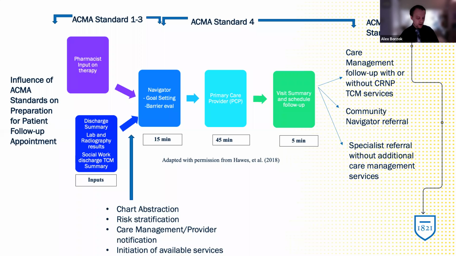Now you can communicate this to the rest of the transitions of care team, and you have 3 different options. You either have just a referral for a community navigator for just community services if that's needed. You have care management follow-up with or without nurse practitioner TCM services, or you don't have any additional care management services, but you get them set up with referrals and appointments with specialists that they need to follow up with, and identify any barriers that would prohibit them from attending those appointments.